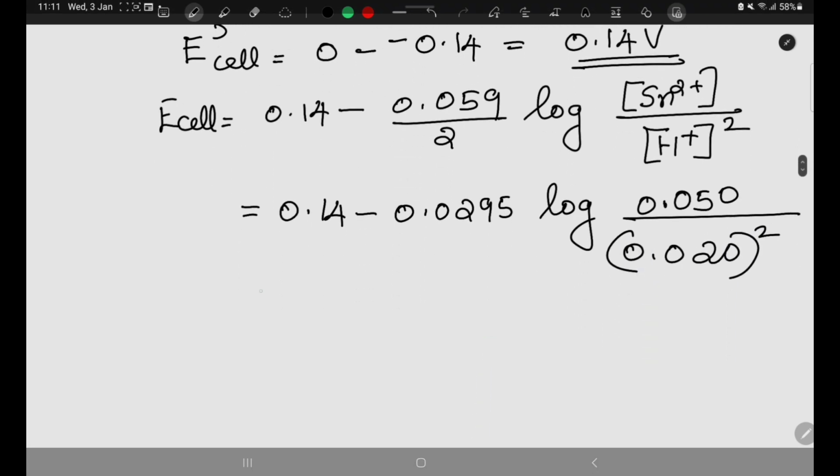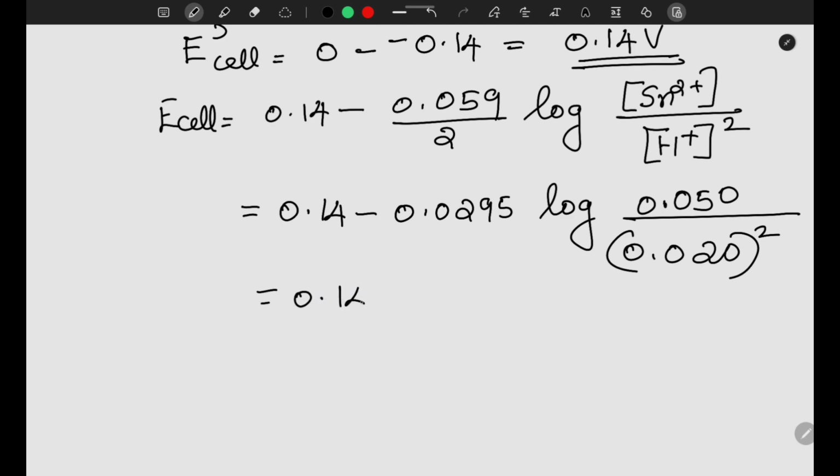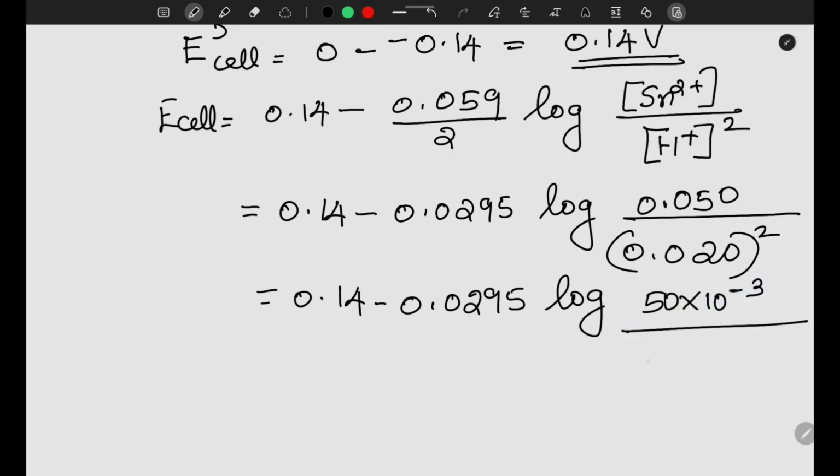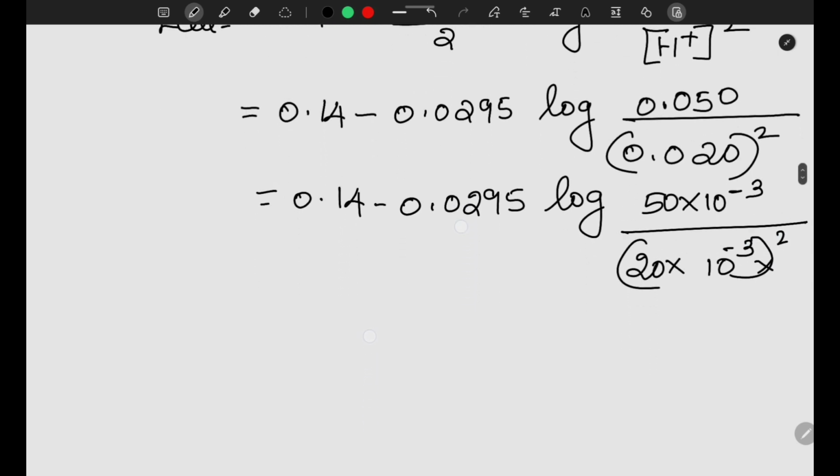So that is equal to 0.14 minus 0.0295 log 50 into 10 raised to minus 3 by 20 into 10 raised to minus 3 the whole square. So I can write 20 into 10 raised to minus 3 the whole square.